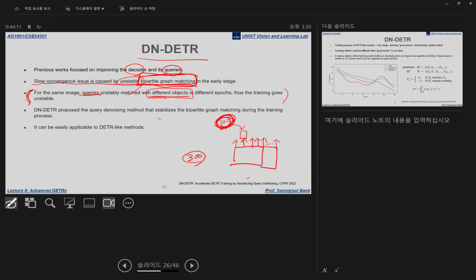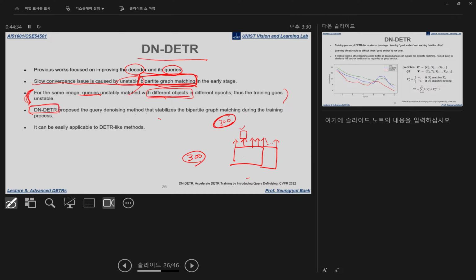But what they are saying is that matching these 300, picking the best output among these 300 predictions that were matched with ground truth, is becoming unstable in the early stage of the training. That's the problem in DETR. And because of that, it takes a lot of time for training.